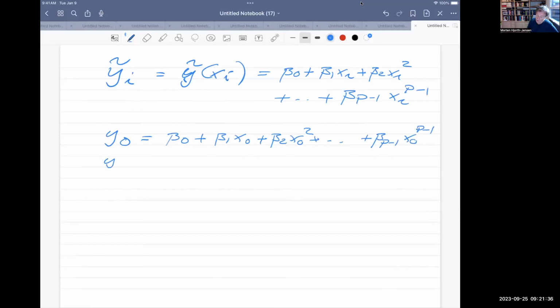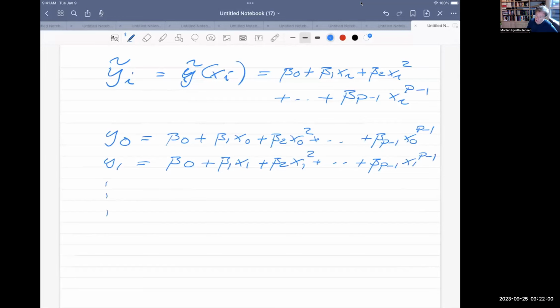That gives y0. We have the next point, y1. This is the next row. And you will see that we can rewrite this as a matrix times a vector: beta 0 plus beta 1 times x1, plus beta 2 times x1 squared, plus beta of p minus 1 times x1 to the power of p minus 1.